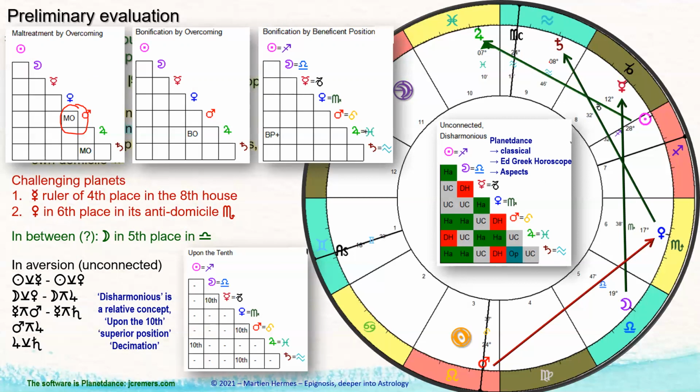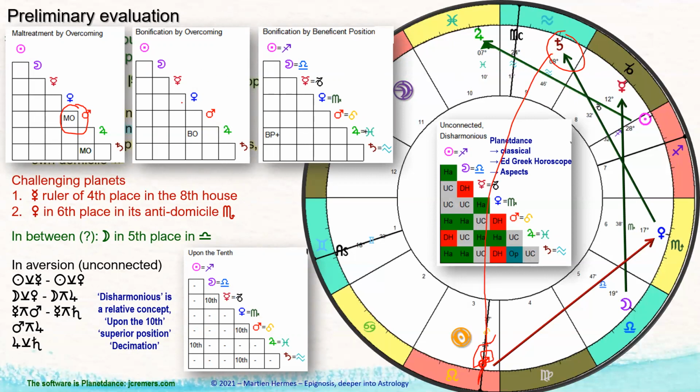By overcoming by Saturn, and that has to do with this opposition, of course. So these two are in opposition to each other, and that's a form of maltreatment. So Mars is maltreated by Saturn, and it goes both ways. Saturn is also maltreated by Mars. So there we have the indication of what is meant by maltreatment.